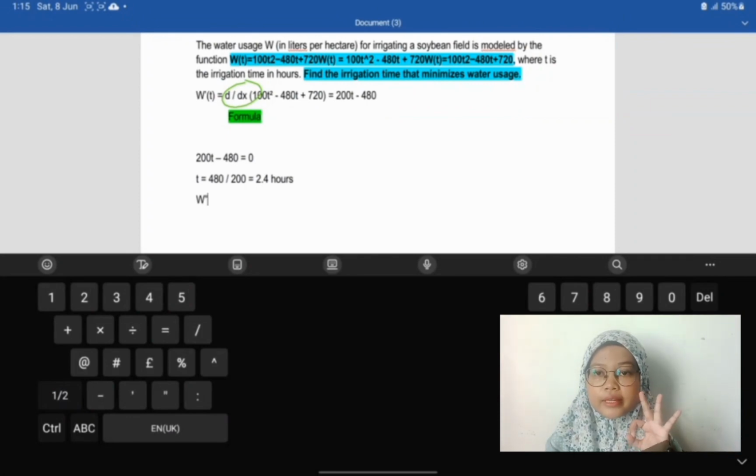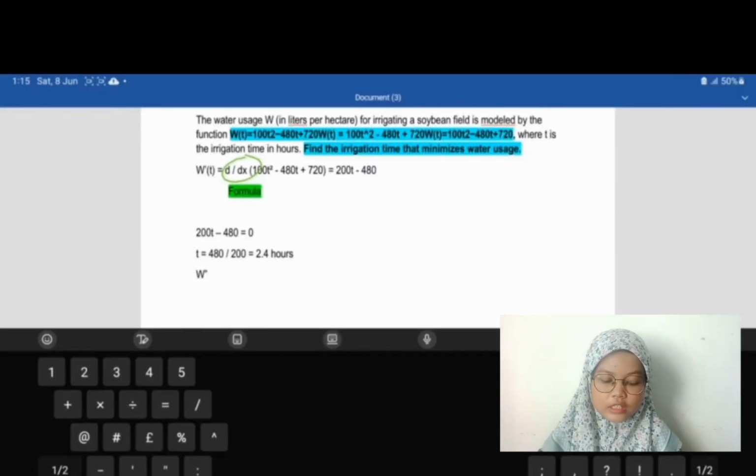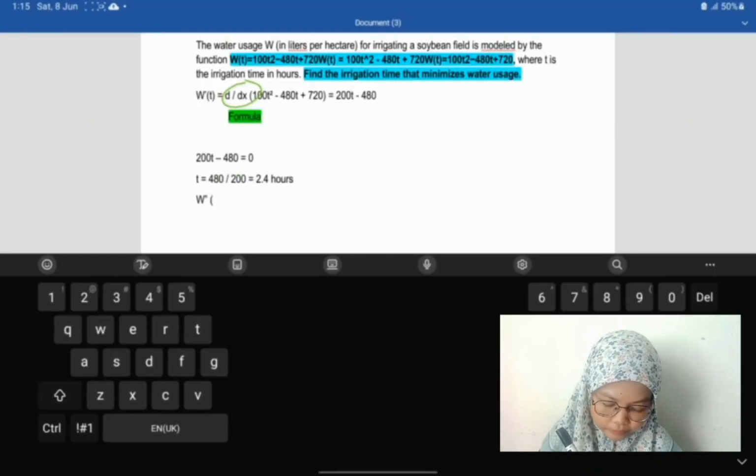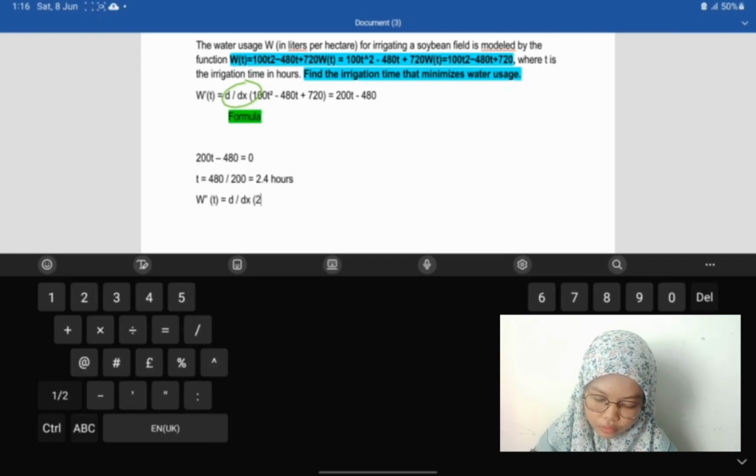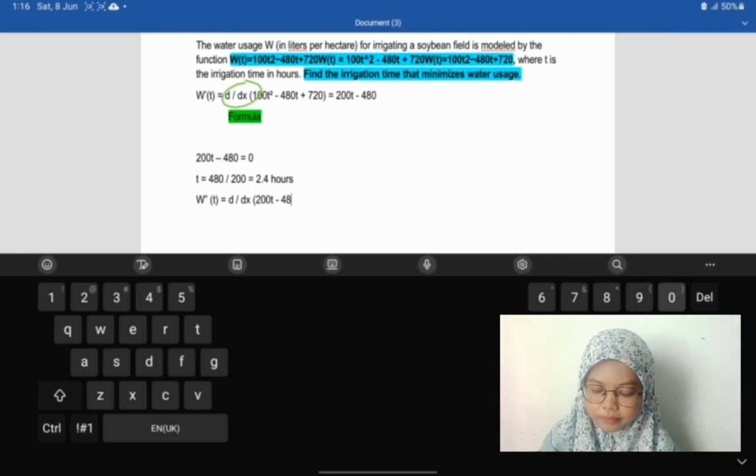Next is to determine the second derivative. So write the formula and put 200t minus 480, and we get 200.